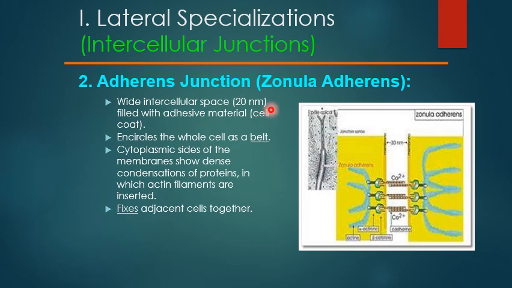The zonula adherens: zonula means belt-like, but here there is a space between two adjacent cells, reaching up to 20 nanometers. This intercellular space is filled with adhesive material and the cell coat of the two adjacent cells. It encircles the whole cell as a belt.